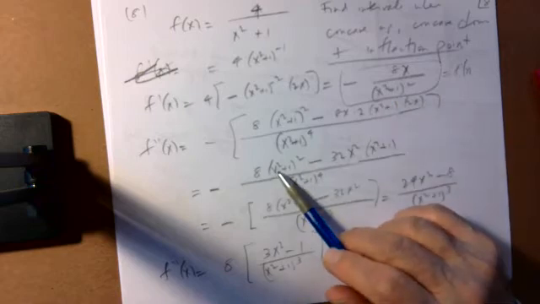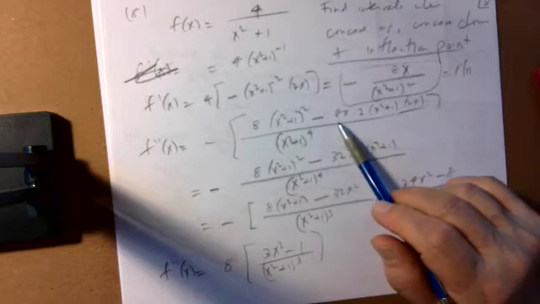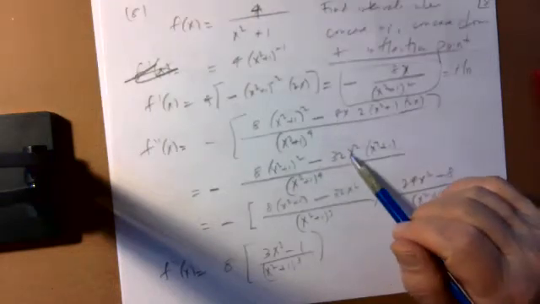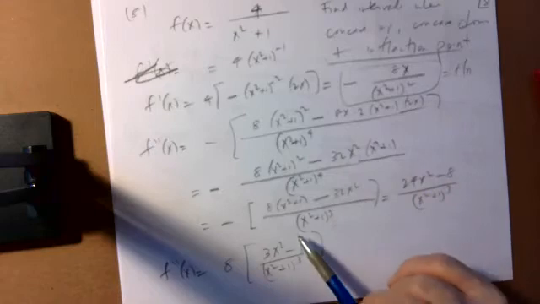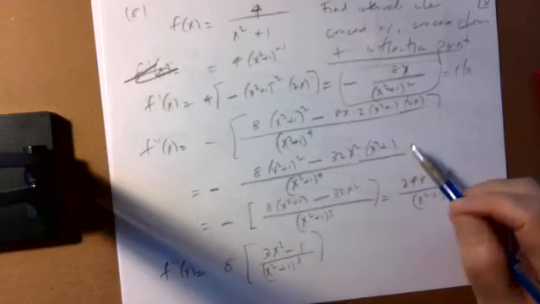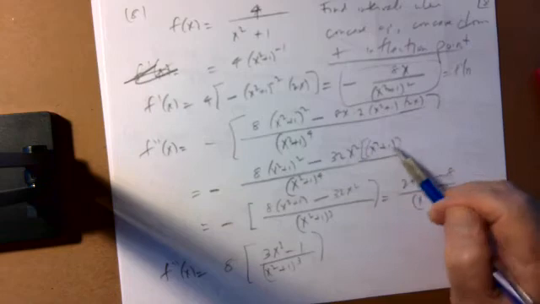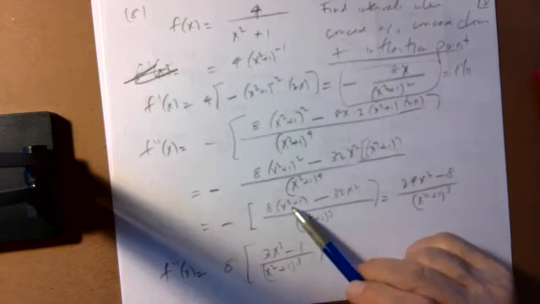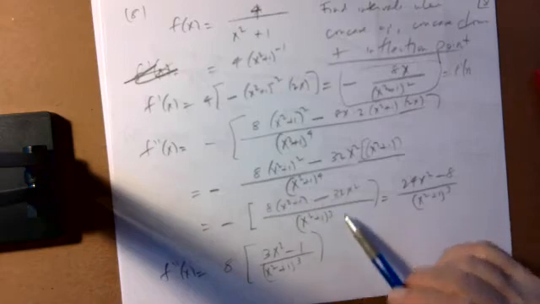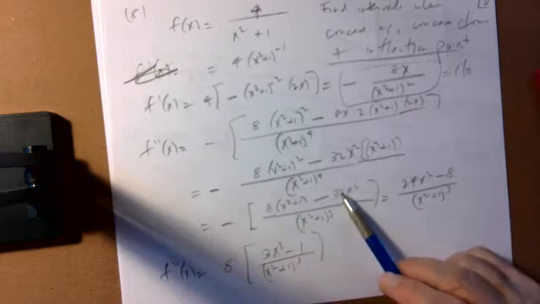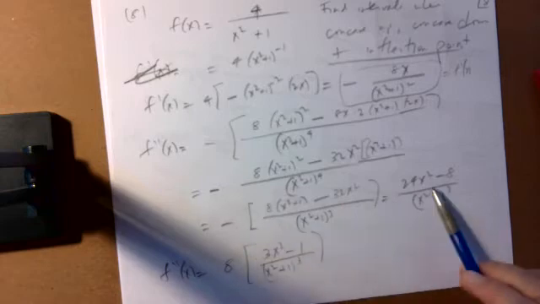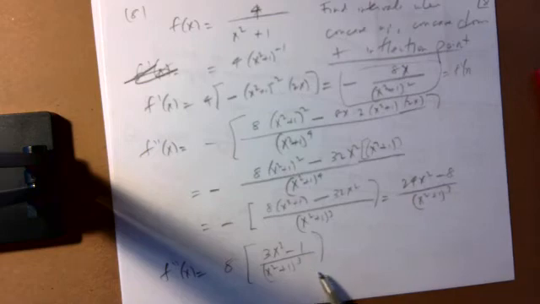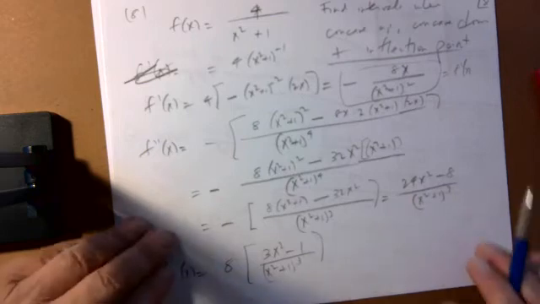So I have an 8 here, and I have minus 32x squared times x squared plus 1. And I can factor out an x squared plus 1, and that makes an x squared plus 1 cubed. So I have 8 times x squared plus 1 minus 32x squared. 8 minus 32 is minus 24, times minus 1 is plus 24, minus 8. So this is the second derivative, if I was lucky enough to do this correctly.